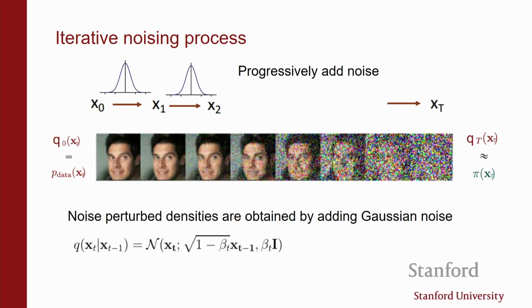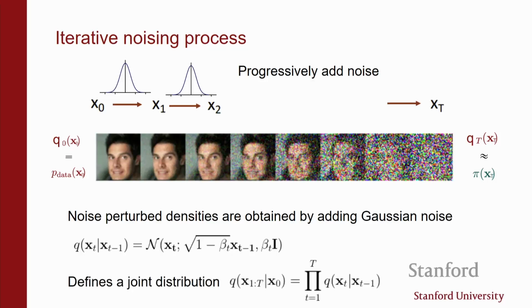And so we can think of this process of going from data to noise as some kind of Markov process where at every step we add a little bit of noise. And perhaps we rescale by some fixed constant beta t. Not super important that you do the rescaling, but that's how it's usually done. And so I'm having it here just to make it consistent with the literature.